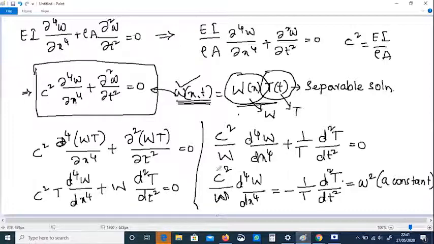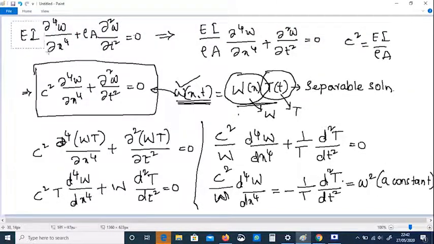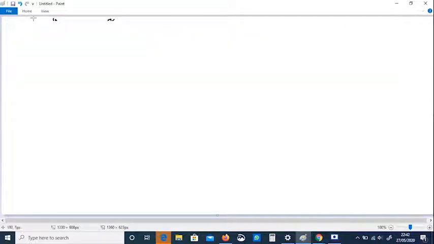So in that way, these two should be equal to a constant, and let us say that is omega square. And now we will go further. So at this stage, we will get two equations, and we will see how.